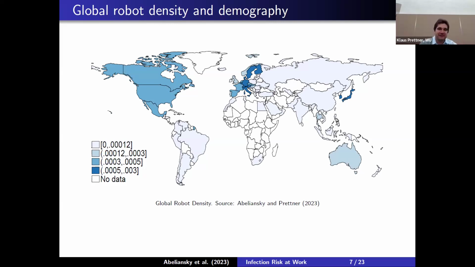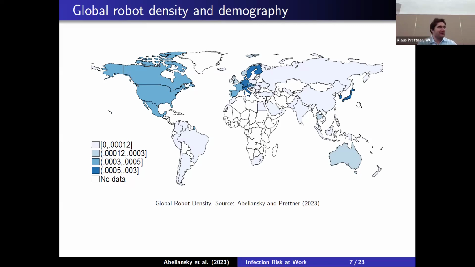Countries that are darker have a higher robot density, and countries that have a lighter color have a lower robot density. Unfortunately, there are many countries without data, the white countries here, but that is actually quite synonymous with having very few robots or no robots at all.